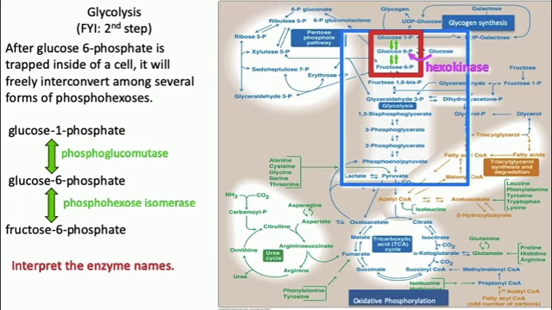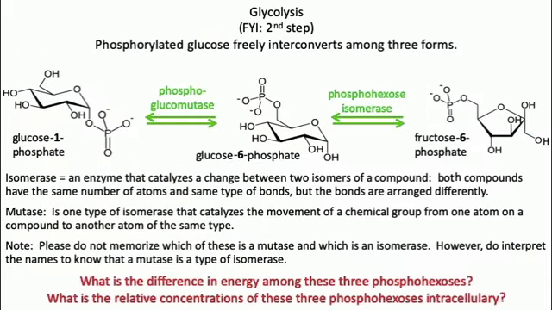It's also a learning objective to know that since the substrates and products of isomerase reactions all have the same number of bonds and the same types of bonds, the relative energy between these substrates and products are about the same. Based on that knowledge, what do you predict will be the relative concentrations among the various phosphohexoses shown here within each of your cells?